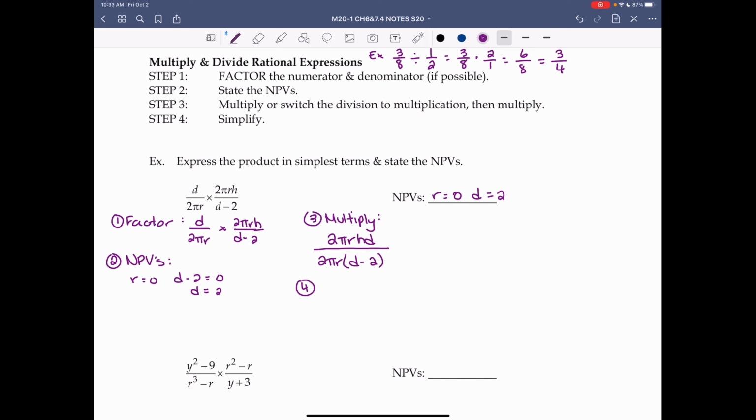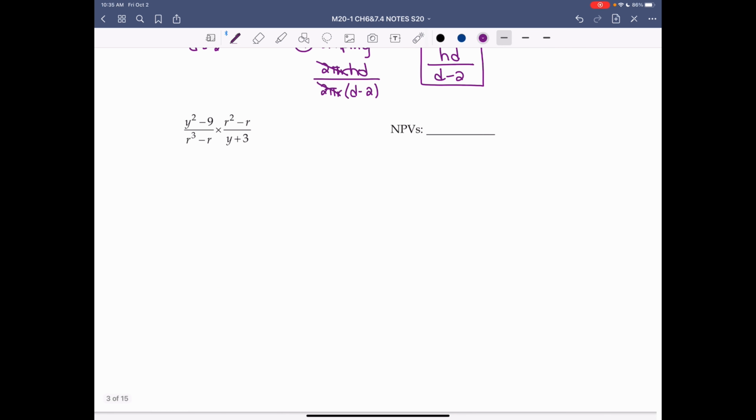Step 4, simplify. 2 pi r h d over 2 pi r times d minus 2. We can divide out 2 pi r from top and bottom, and we are left with h d divided by d minus 2. And notice we cannot divide the d on top and on bottom because the bottom one is d minus 2. It's not a factor of the bottom because we can't factor out a d from the 2.